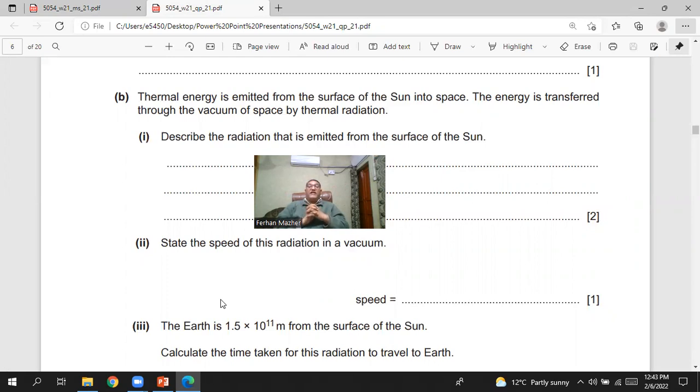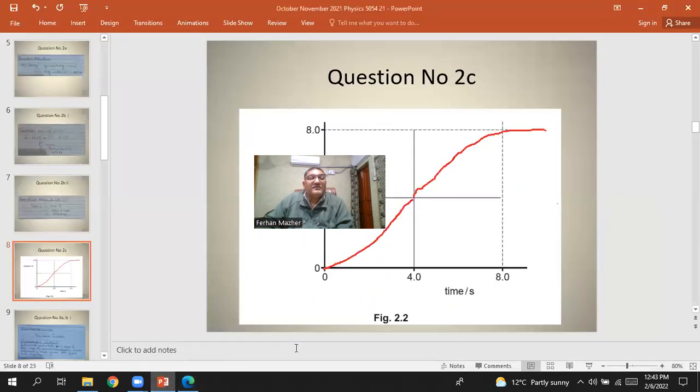Infrared radiation is a type of electromagnetic wave, and it does not require a medium to travel. So from the sun, the thermal energy coming to the earth is with the help of infrared radiation. So let me show you, I have written this answer.